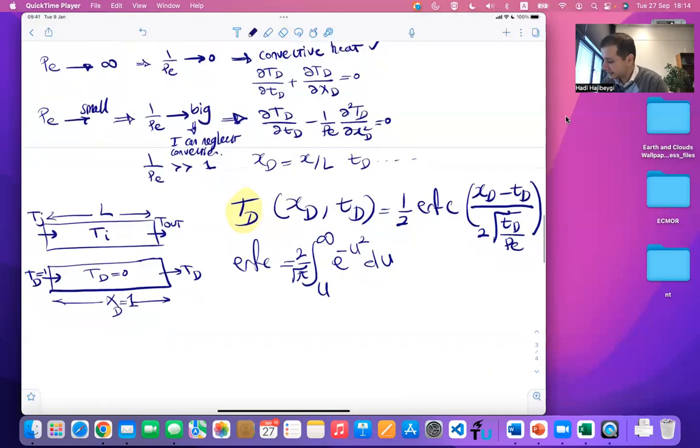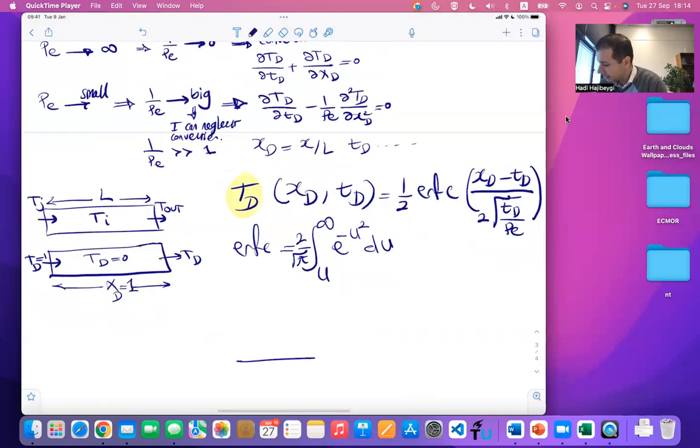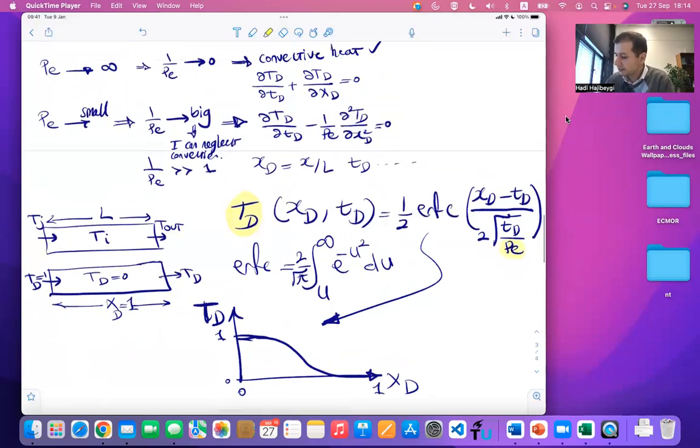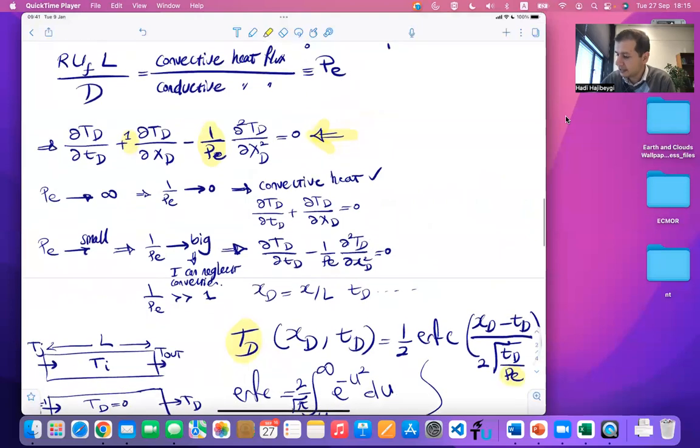And that would mean that when I plot now my function of temperature dimensionless versus x dimensionless, which is from 0 to 1, and temperature from 0 to 1, I'll see this profile if I plot that error function complementary here.